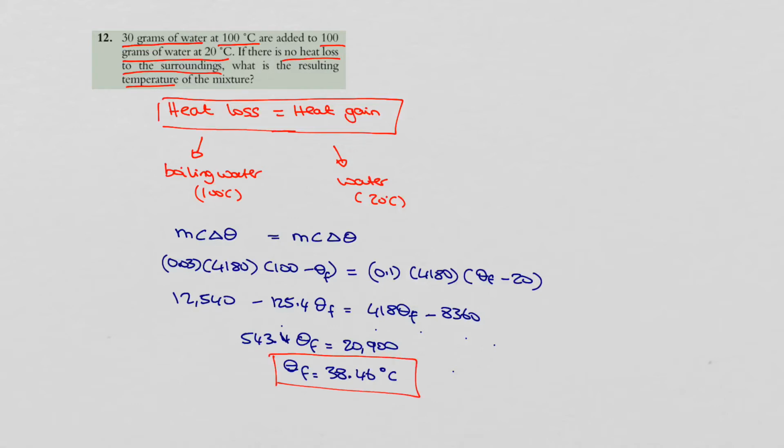So in other words, the boiling water has gone from 100 degrees all the way down to 38.46, and the water at 20 degrees Celsius has increased in temperature to 38.46 degrees. In other words, when we mix the two together, that's the final temperature that we end up with.